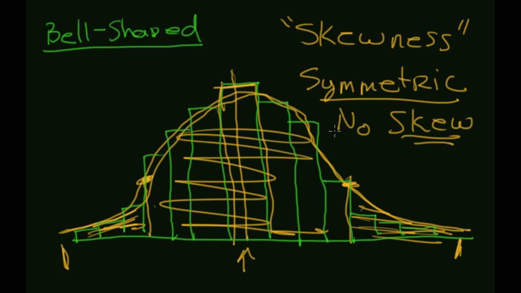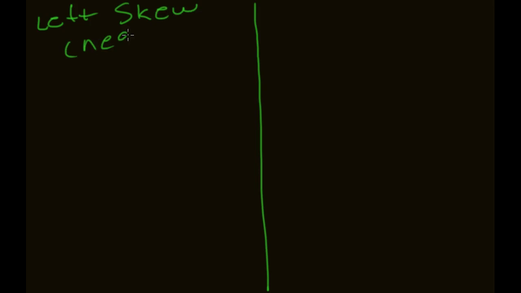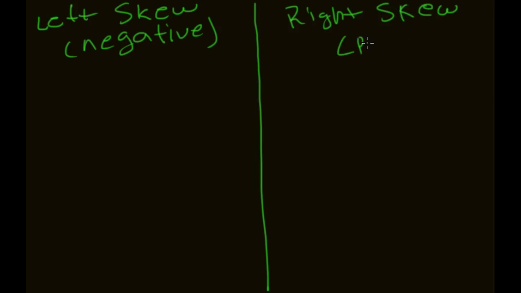The big hump is in the middle and the tails are about equal size in both directions. Then we get two other types of skewness. We get a left skew, sometimes called a negative skew, and we get a right skew, sometimes called a positive skew.